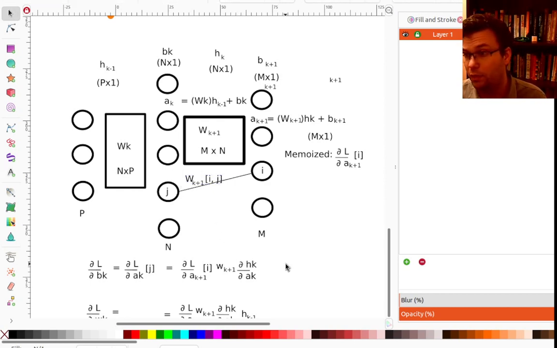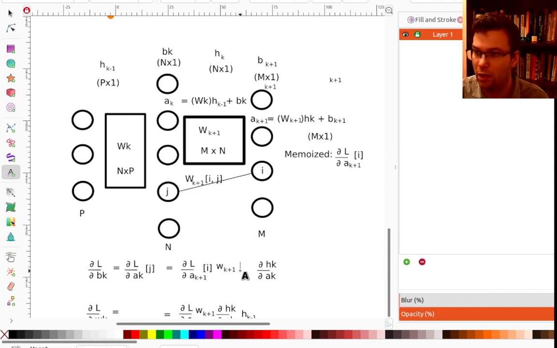And so I can go ahead and index that here as well. Let me move this over. Okay, cool, I am using this weight here, row i, column j. But one thing I notice is that the left-hand side just has a j, but suddenly this is a function of both i and j.